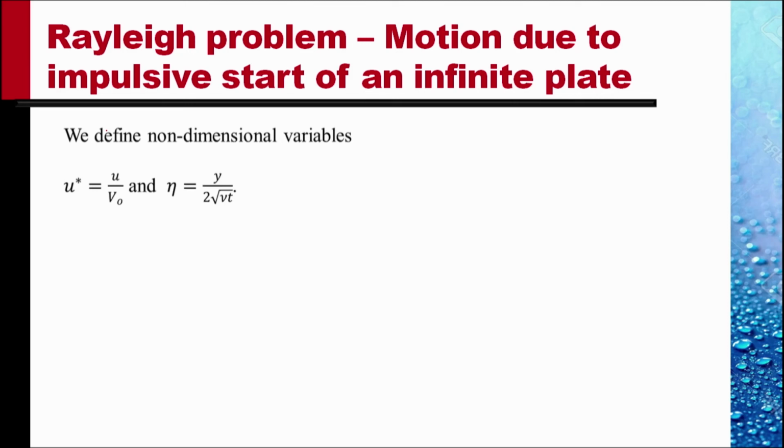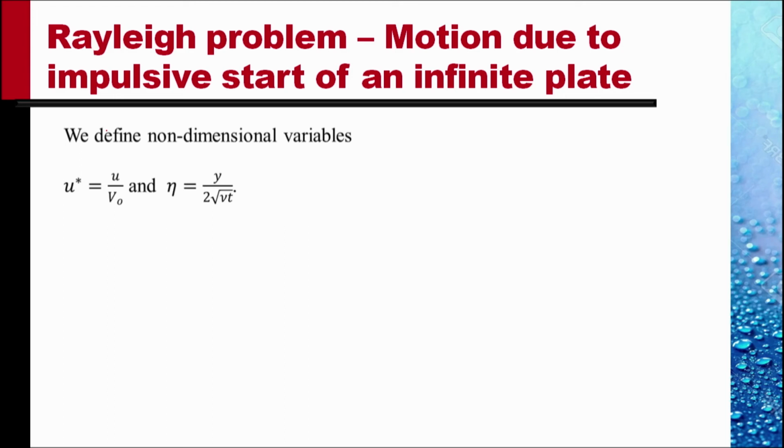To solve this, we use a trick. We define two non-dimensional variables. We define u star. Star denotes that this is non-dimensional. u star is u by v naught. And we introduce a variable eta as y divided by twice under root nu t. Why this peculiar combination?